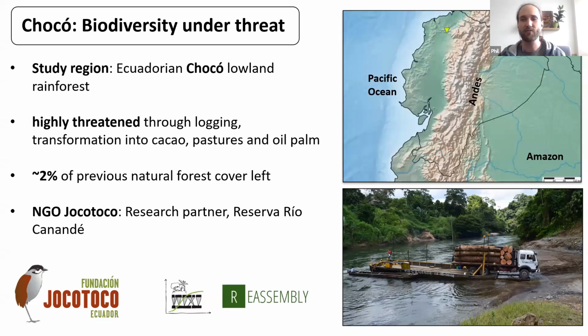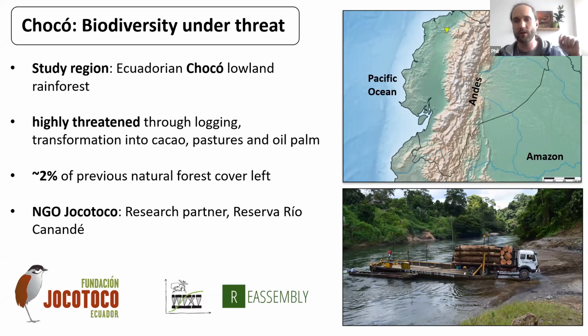Now, I always emphasize the region in which I do my research, the Choco region in Ecuador. This is because this is a really important tropical place. Most research in tropical ecosystems in Ecuador has been conducted in the Amazon, which is on the east side of the Andes.